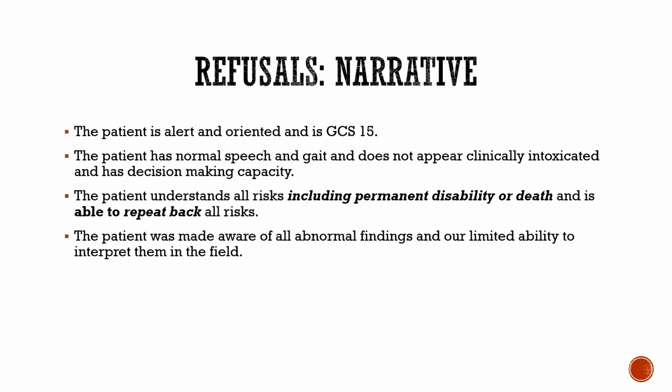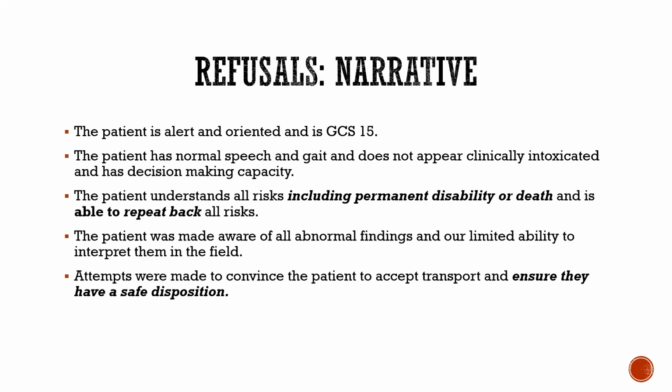You could imagine a situation where something goes wrong with the patient and they say, well, I wasn't made aware that my heart rate was 150 and that was abnormal. Or I wasn't made aware that my blood pressure was 200/100 and that's abnormal. So if I'd known that, I would have gone to the hospital, et cetera, et cetera. So making sure that we state that explicitly is really important.